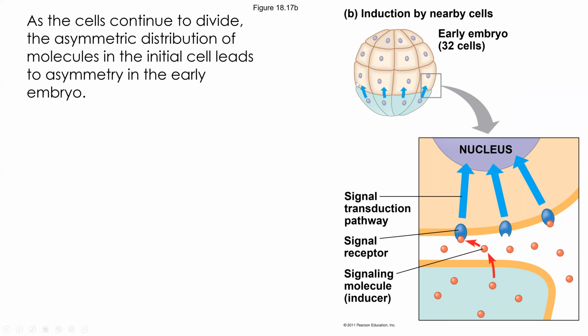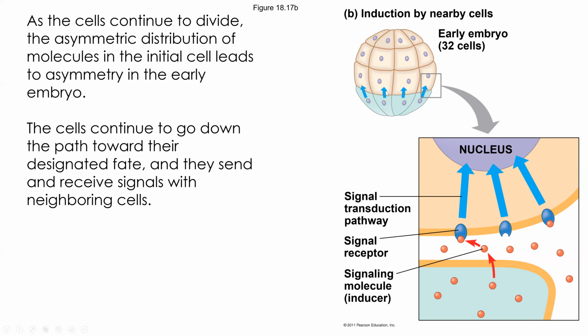The cells at the bottom will have different molecules in their cytoplasm than the ones closer to the top. As we get a larger embryo, these differences will get more striking and we'll start to develop different tissues and cell types.